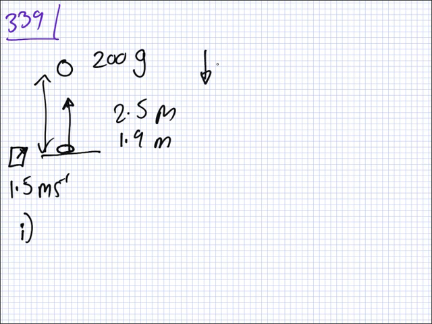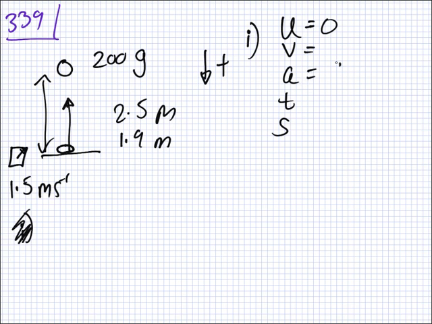I'm going to take down as positive. Right, so what type of problem is that? U, V, A, T, S. U is 0, V is what we want, A is 9.81, and I'm taking down as plus. T, don't know. S is 2.5.